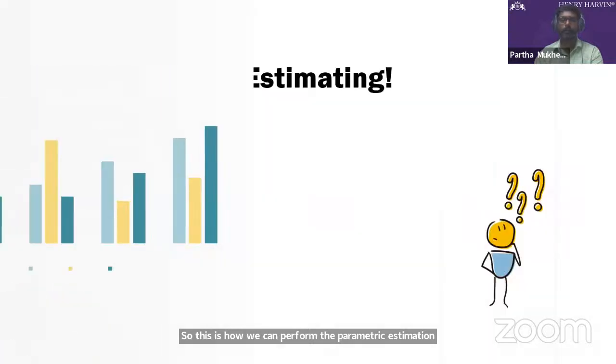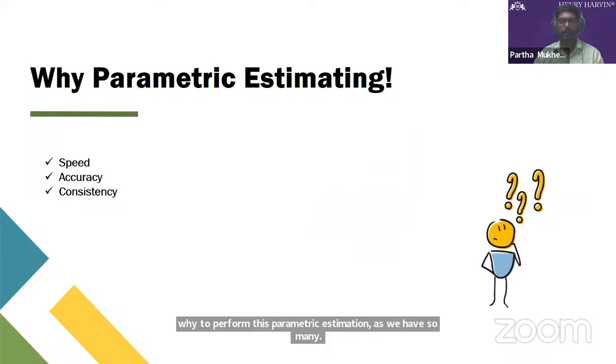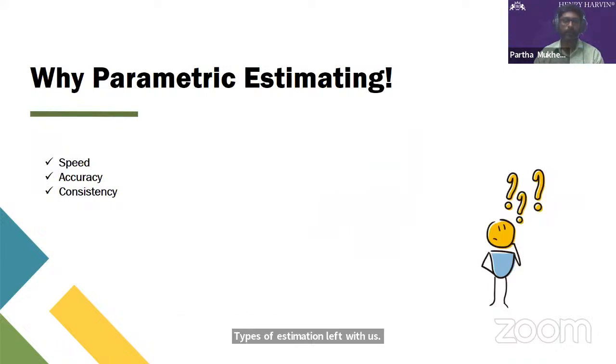But why perform parametric estimation, as we have so many other types of estimation left with us? First of all, that is the speed. Secondly, the accuracy, and third, the consistency. Parametric estimation uses historical databases for projects which are similar in nature.